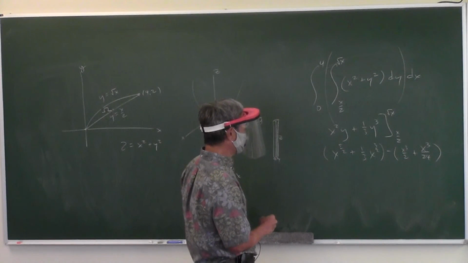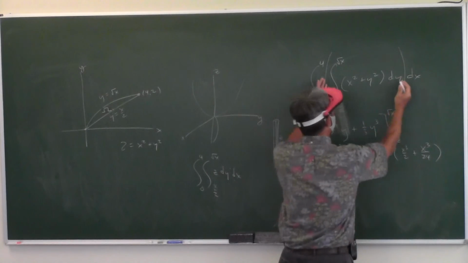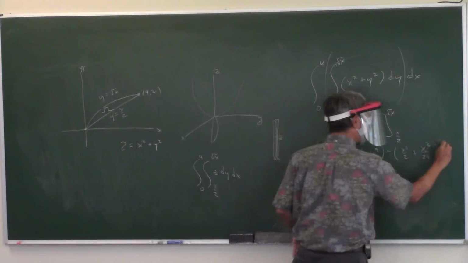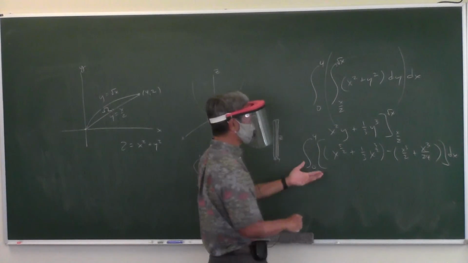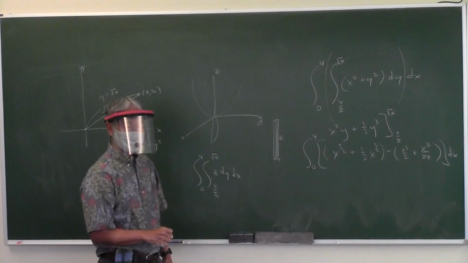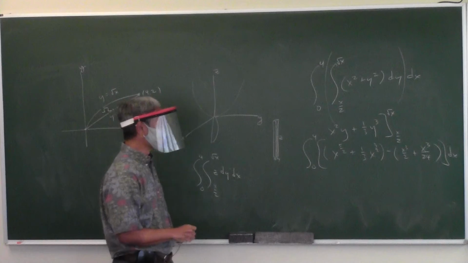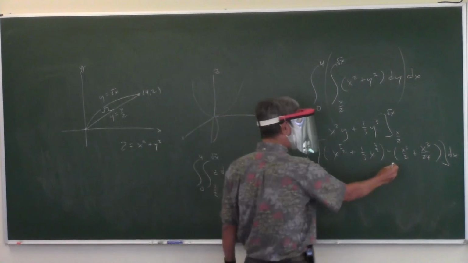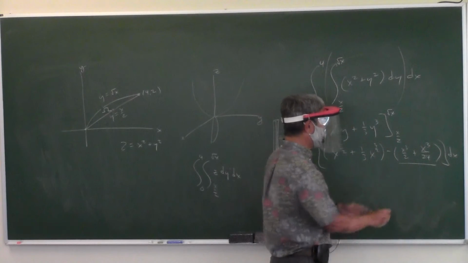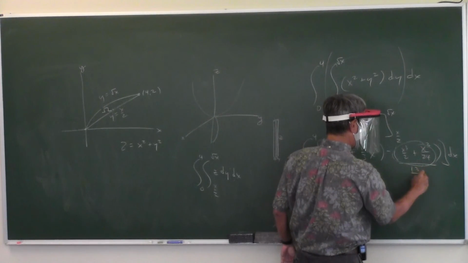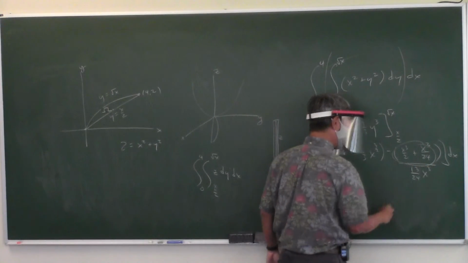I want to make sure it's right before we go on. Now we have to integrate this with respect to x from 0 to 4, and now you can see how you're going to get a number as your answer, which represents the volume of this thing. Shall we combine this with a least common denominator? This is 13 over 24 x cubed.